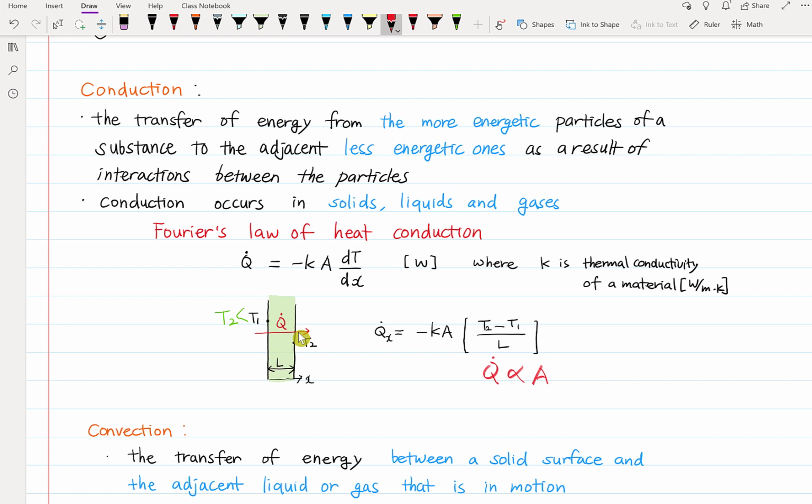The rate of heat transfer is also proportional to the temperature difference, delta T, in this case T1 minus T2. So the larger the temperature gradient, the higher the heat transfer rate through the medium. Rate of heat transfer is inversely proportional to the distance the heat travels.